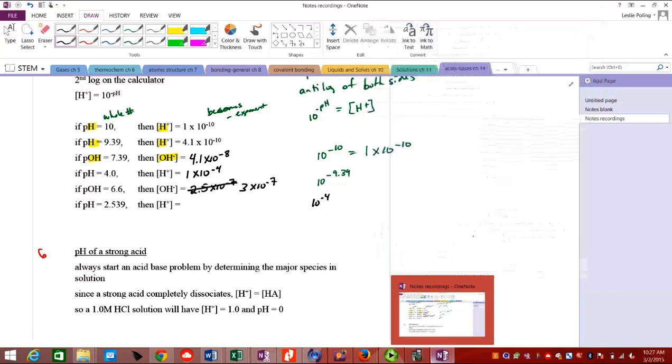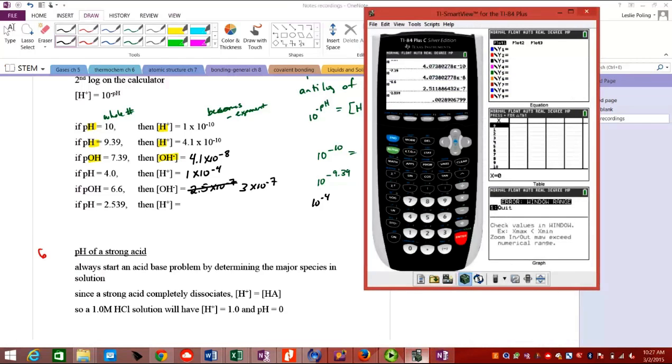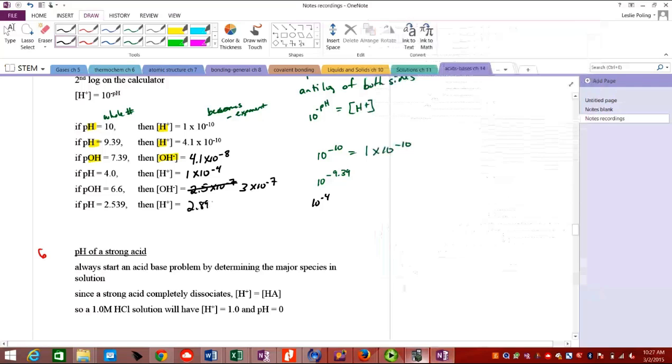Let's put this in scientific notation. So that would be 2.891 times 10 to the minus 3, and that's 3 digits after the decimal, so this should be 3 digits total. So I need to erase my 1.